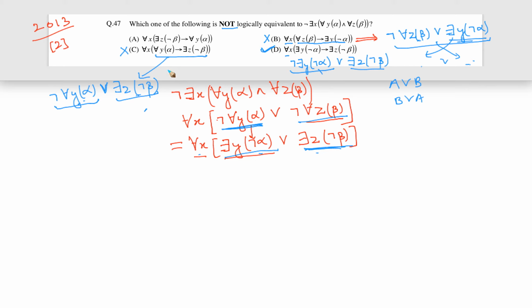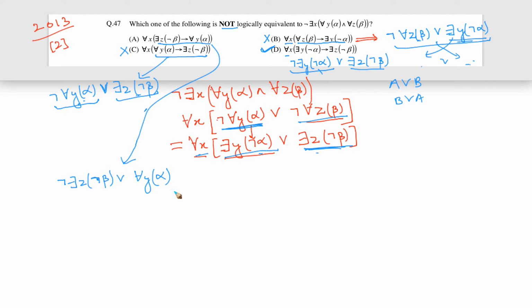Let's check A also for the time being. Inside, again for all x is matching, and this thing inside can be written, let's write it here. Again this implication can be written as not there exists z not beta, or for all y alpha.